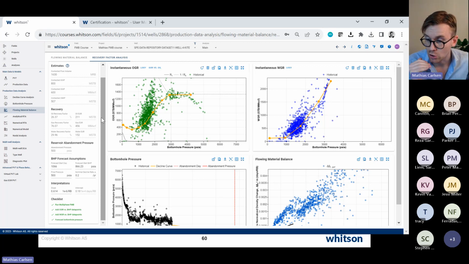So I just run it quick, draw a line and say, okay, my DCA EUR with a 0.8 b-factor gives me 300 thousand barrels of oil. And then my multiphase FMB OIP is 300 thousand barrels. I can almost guarantee you, even without going into analytical RTA or numerical RTA or any of these RTA techniques about flow regimes, that well is infinite acting or at least transitional or very transitional.